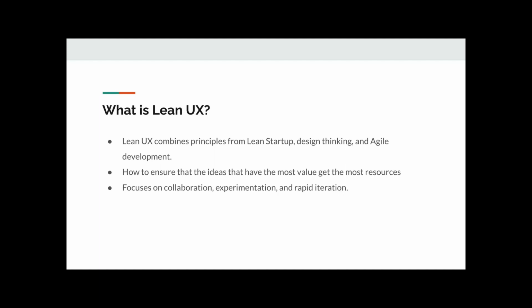Now, when you focus on lean startup, it's basically ensuring that the ideas having the most value will be developed first, right? You don't actually build something which nobody wants. So for example, if you're building an application for people to interact with each other, the most important thing you can build is a community forum or a dedicated group where people can interact with each other, talk to them and get some suggestions, right?